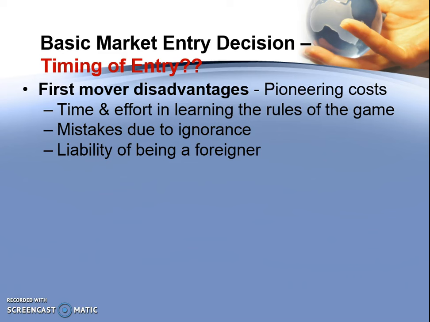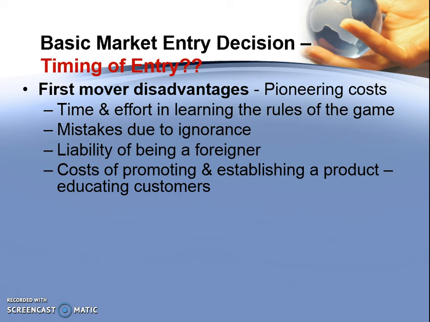Then a certain liability is associated with being a foreigner, since you are the first entrant in that market and the customer might not accept you. The pioneering costs also include the costs of promoting and establishing a product offering, including the costs of educating the customers. So the firm has to consider all the costs and benefits associated with the timing of the entry and make the decisions accordingly.